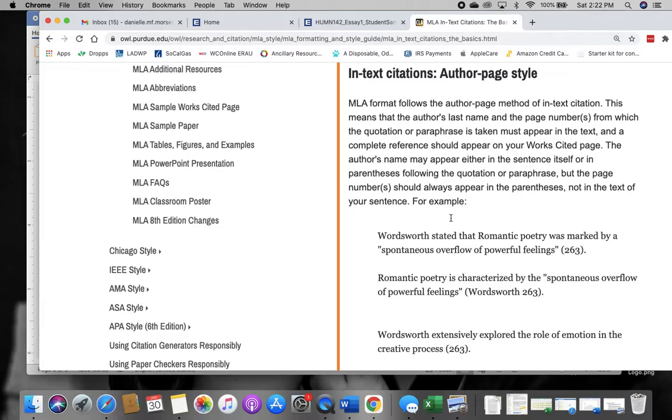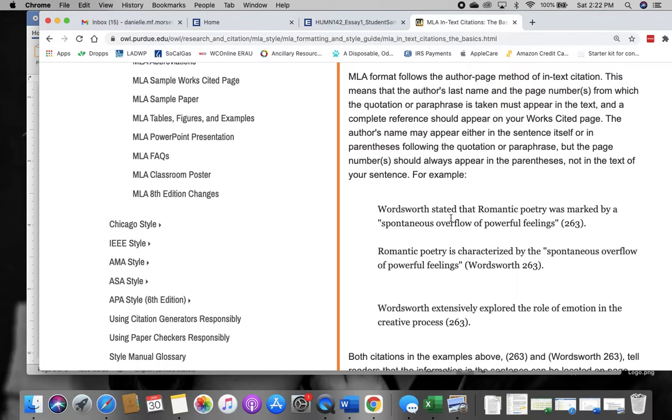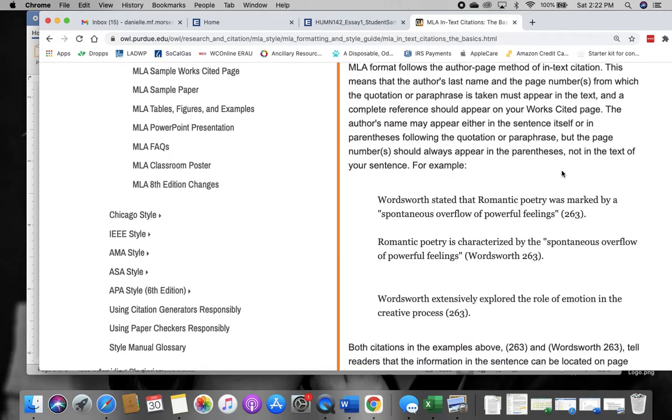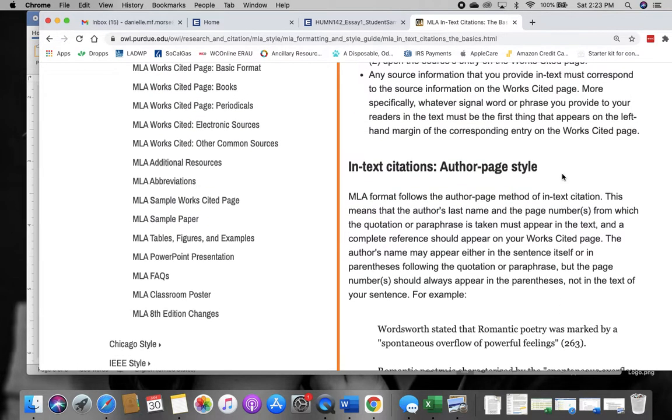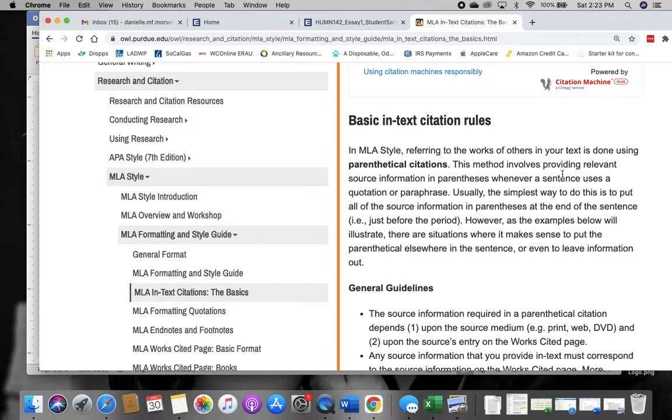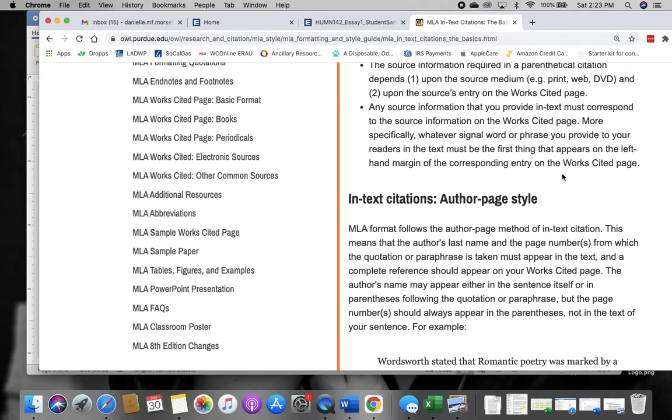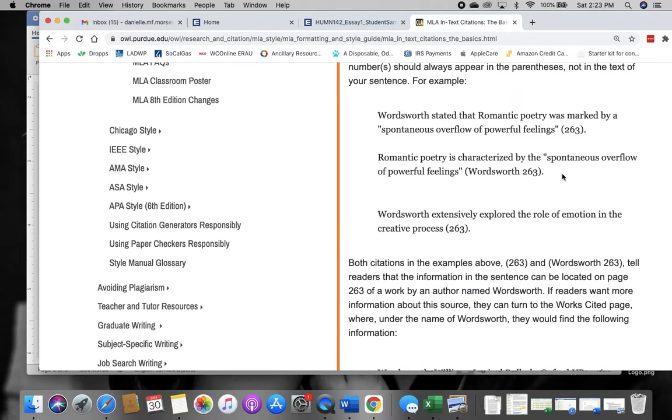I just wanted to show, you can see here they're giving some additional writing styles. There's IEEE, AMA. So this here is the in-text citation. I thought their choice of examples was interesting because they're all in the historical past.